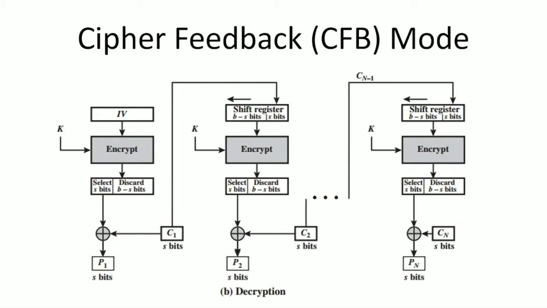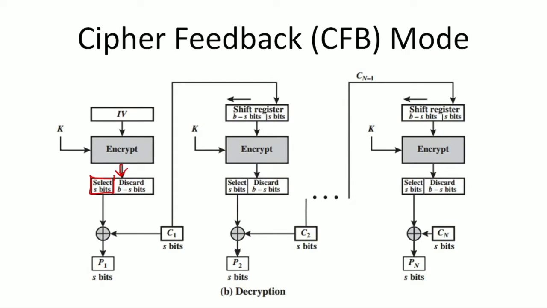In the decryption using CFB mode, we again start with the same initialization vector that we used in the encryption process and encrypt it to get our key block. And then depending on how many ciphertext bits we want to decrypt at a time, we will select that many bits from this key block and discard the rest, just like we did in the encryption process.